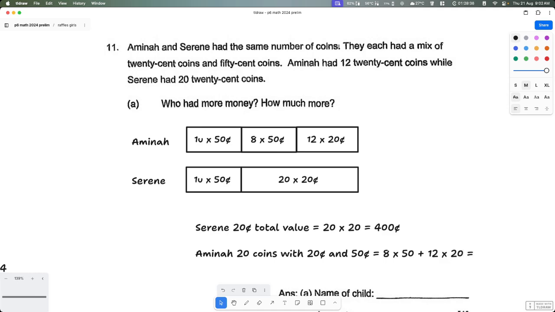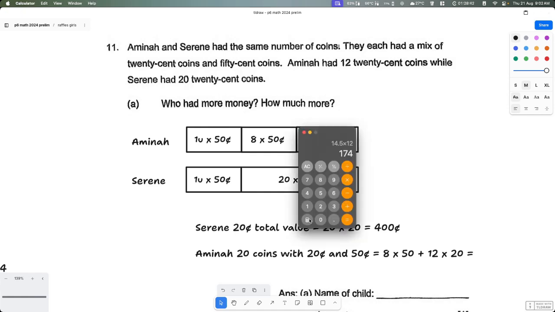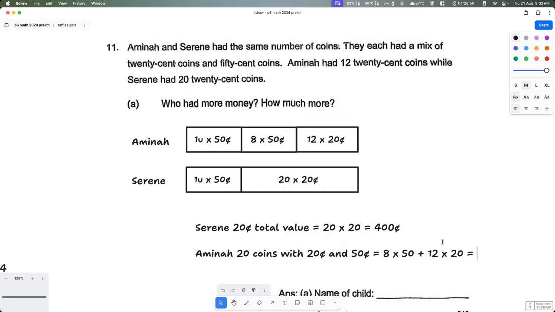So 8 times 50 and then plus 12 times 20. Okay, 640 cents. 640 cents.